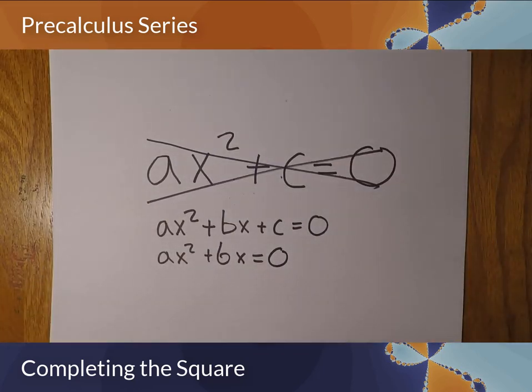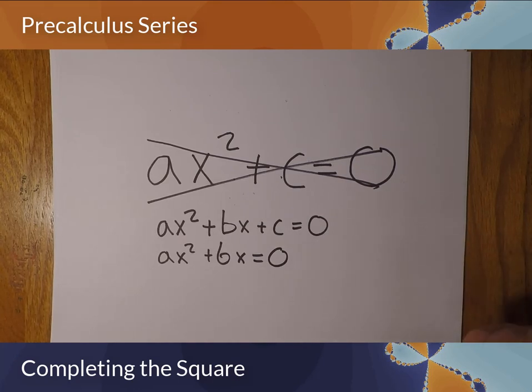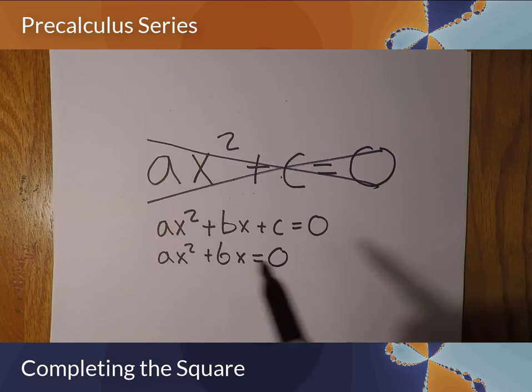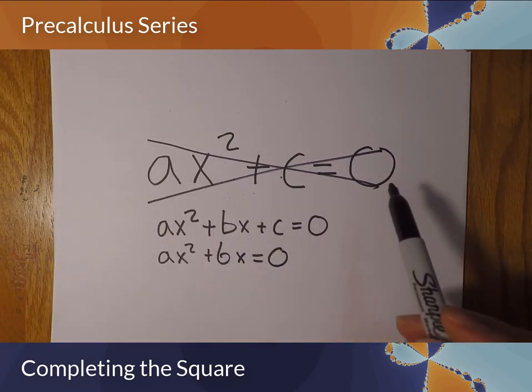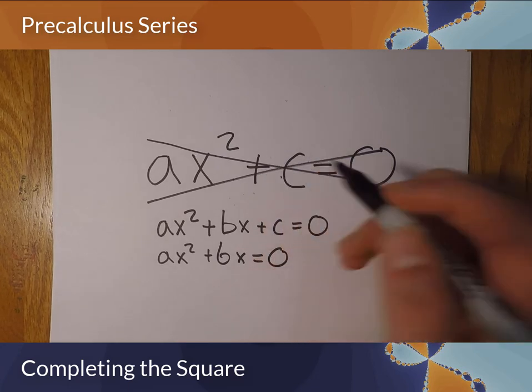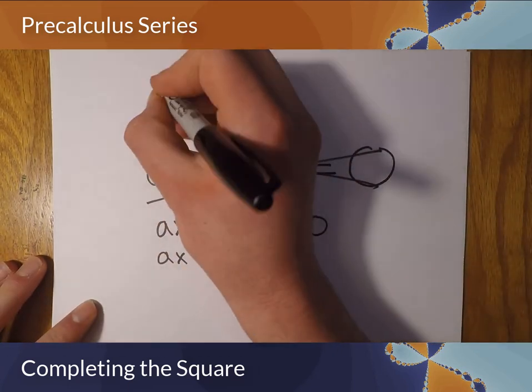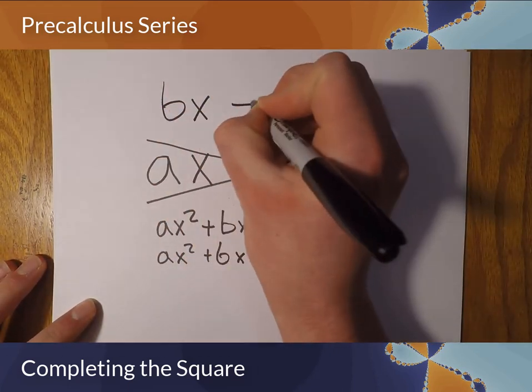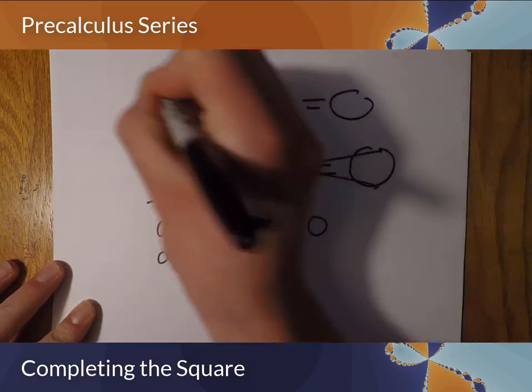Before I close this video, I want to make one final point about completing the square. You can never, ever, ever use the method of completing the square if you have a function that looks like this, where you're missing the bx term, or a function that looks like this.